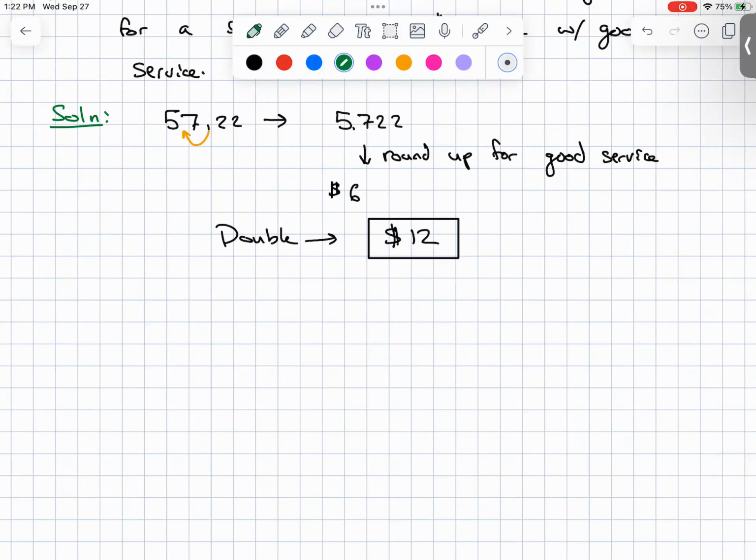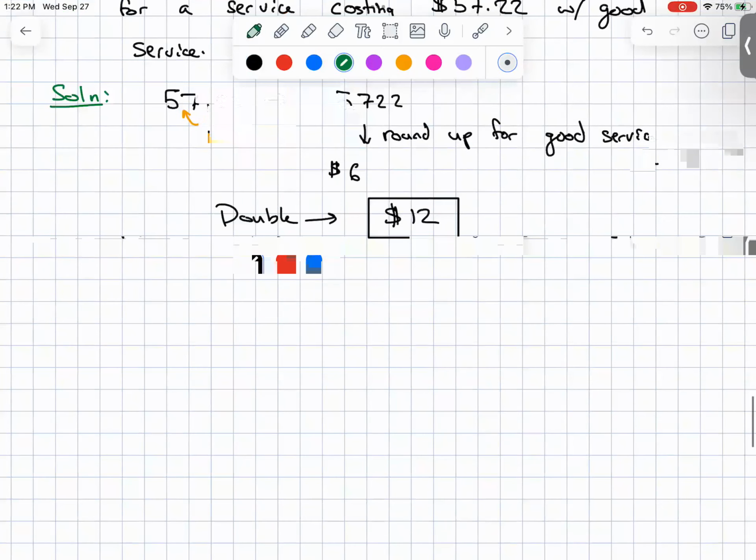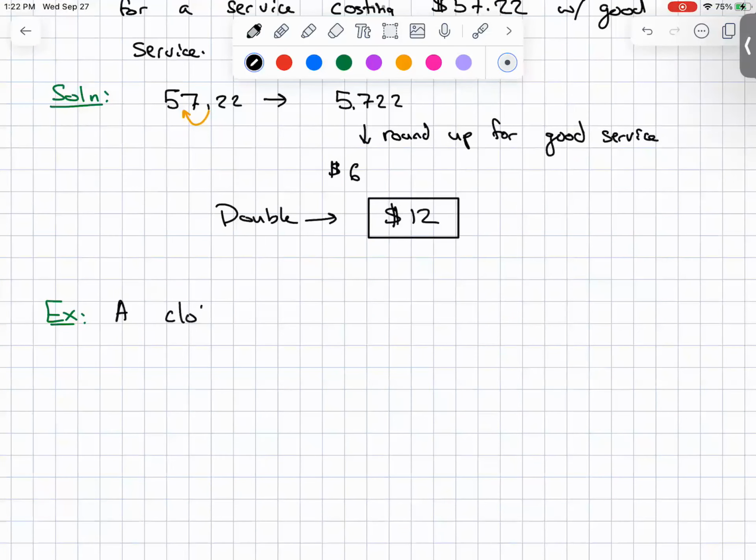Anyways, now let's do one that's a little more complicated. Let's do a bigger example. A clothing store has a sale for 17% off. I don't know why it's 17%.